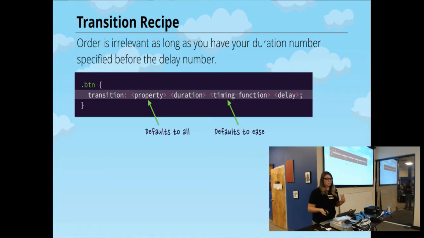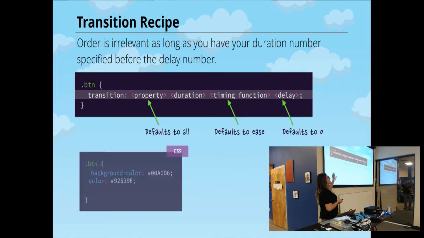The timing function, which defaults to ease, which we might get to, and then the delay, which defaults to 0. Sadly, the duration defaults to 0 as well, so if you don't specify, it's not going to animate, obviously. So you have to specify, if nothing else, a duration.